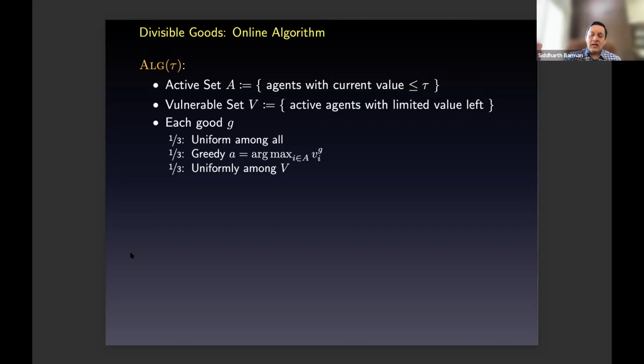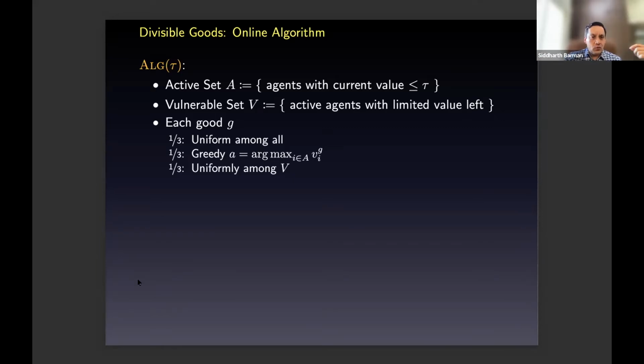And here's this online, irrevocable decision. The good comes in. It's a good that's divisible. I take 1/3 of the good and then I uniformly distribute it among all the agents. So this is more of a fail-safe.